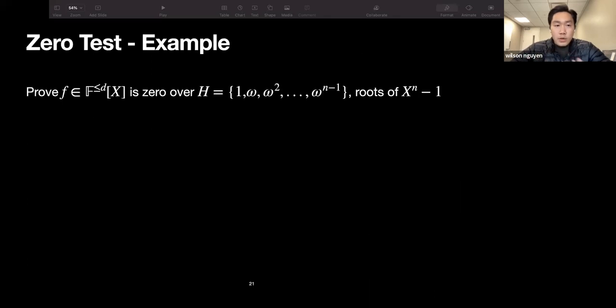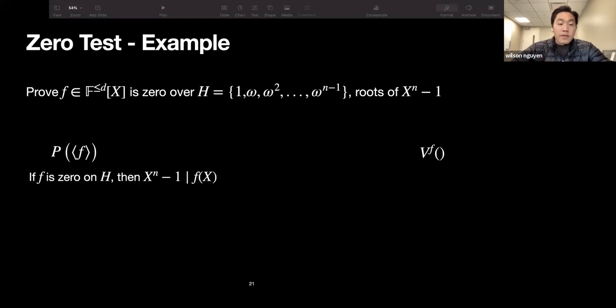So let's take a concrete example. Here is the zero test, which is an example of a classic polynomial IOP. We want to prove that some polynomial f is 0 over some multiplicative subgroup H generated by omega. Notice that these are indeed the roots of this polynomial, x^n minus 1, which we'll call the vanishing polynomial for H. The prover is given the plaintext representation of f, and the verifier has oracle access to the polynomial f.